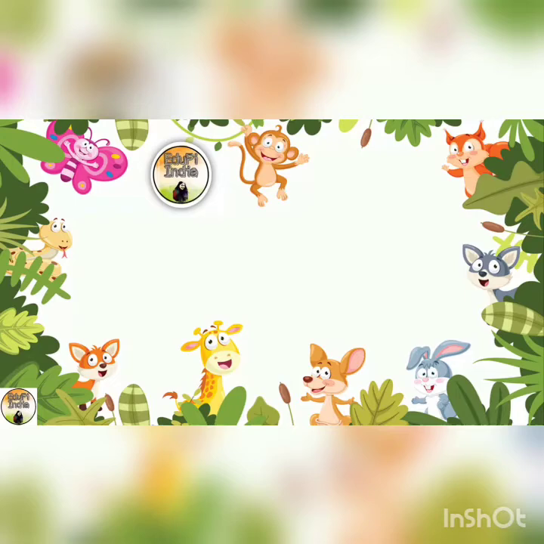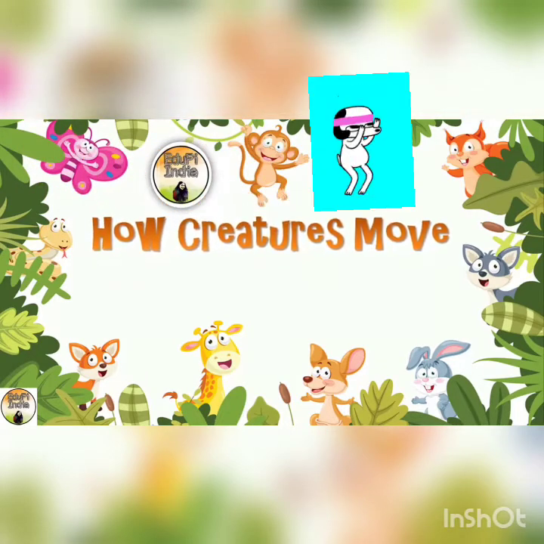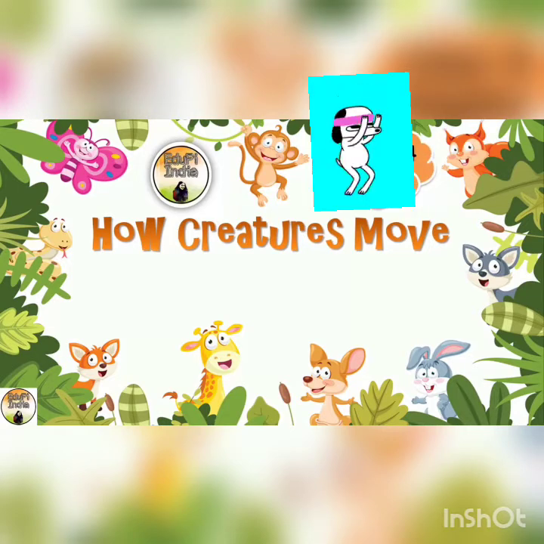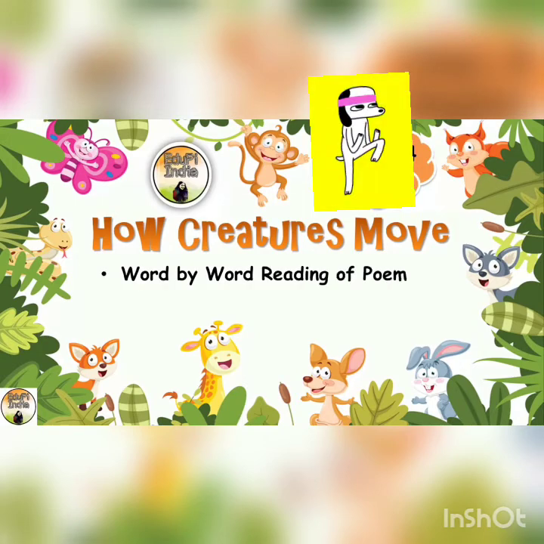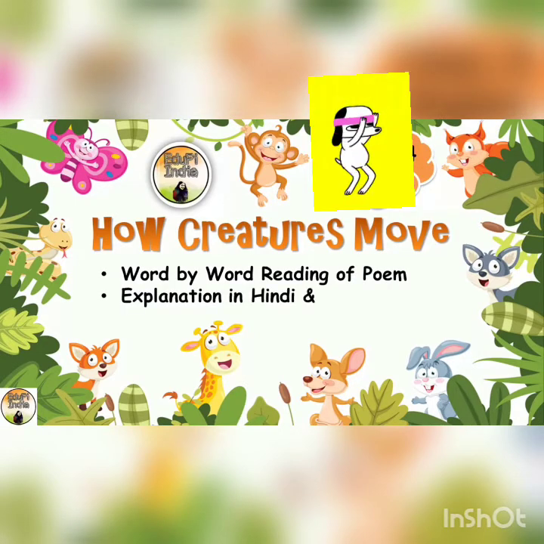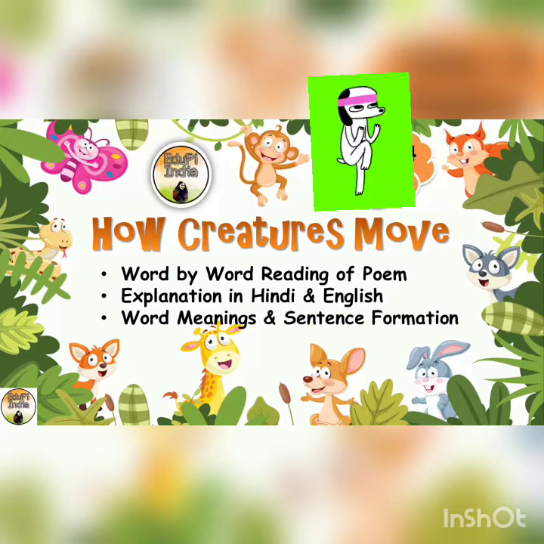Hello children, today we'll do this poem which is from your Unit 10, Class 3 English, How Creatures Move. So you know, students, that different creatures, whether it's animals, birds or worms, even they move. So what we will do, we'll do a word by word reading of the poem, explanation followed by word meaning and sentence formation.